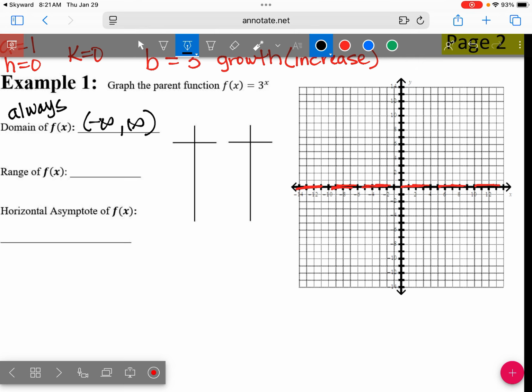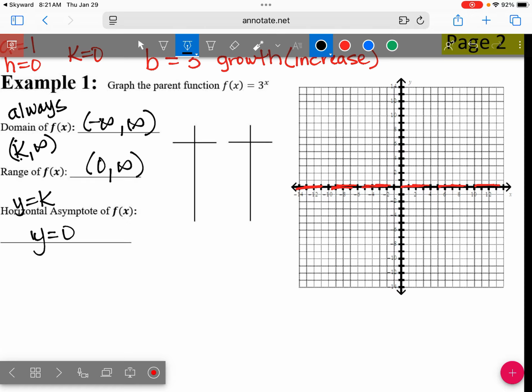Your range is always K to infinity. No bracket, parentheses on both sides. So because K is 0, it would be 0 to infinity. And you have a horizontal asymptote at y equals 0, which is y equals K.